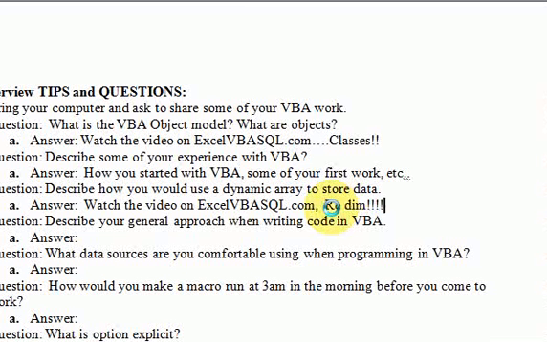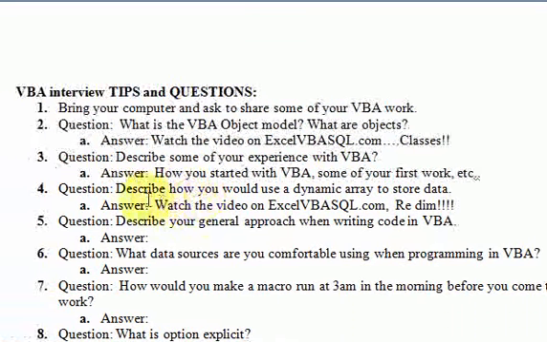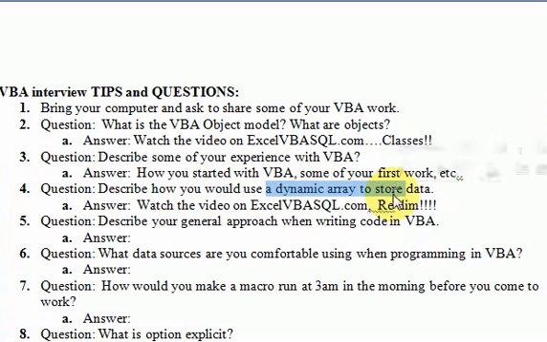Right? Because when you have a dynamic array, if you watch the video, every time you loop through and you're dealing with an element in that array, and let's say he says you want to store data in a dynamic array, so let's say you have a column in Excel and it has 10 rows with data in it, and you want to put that in a dynamic array. Well, every time you loop through the row, you have to redimension the array.